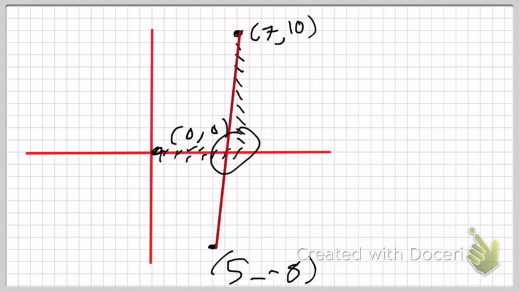I'm not 100% sure one way or another, but it looks that way, and that gives me a general idea of what I should be looking for in my answer. Okay, my x should be around 6, and from 10 to -8, I'm looking at a positive around 1 or 2. So what I want to do next, I'm going to leave this page, but I'll come back to it.